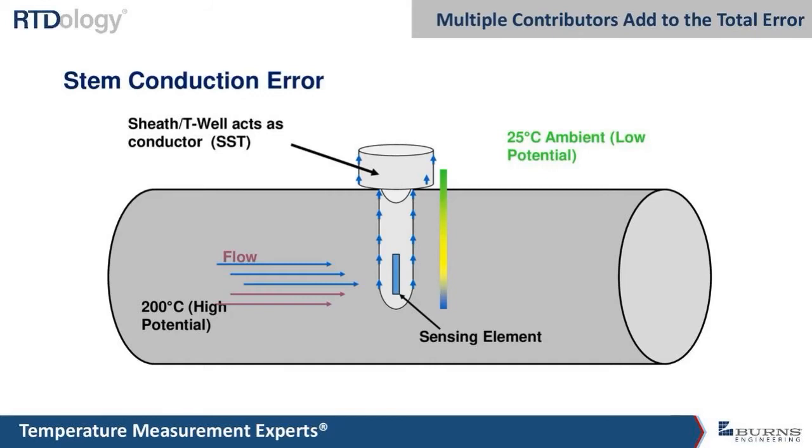This thermal well, connection head, and even the wires that lead down to the sensing element all act as a thermal conductor, kind of similar to a radiator on a car. If you don't have enough immersion length, they can actually have a little bit of a cooling effect on that sensing element, and so it's not going to be indicating the actual temperature of that fluid where it's immersed.